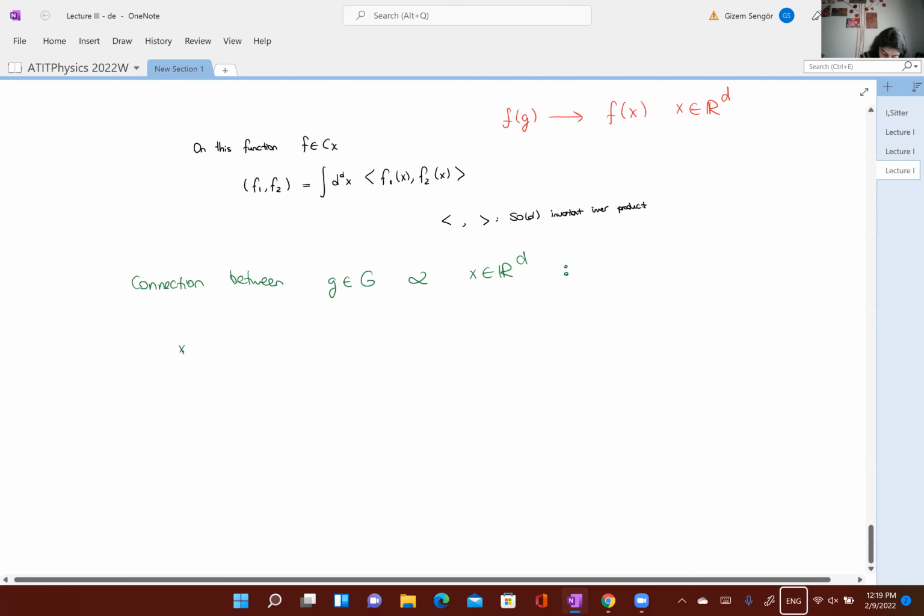For each element of the position space, there is a uniquely corresponding translation element from the group, such that the value of the function at that translation element matches the value of the function at the position element. And also there is a unique correspondence with an element of the whole group, such that this is satisfied.